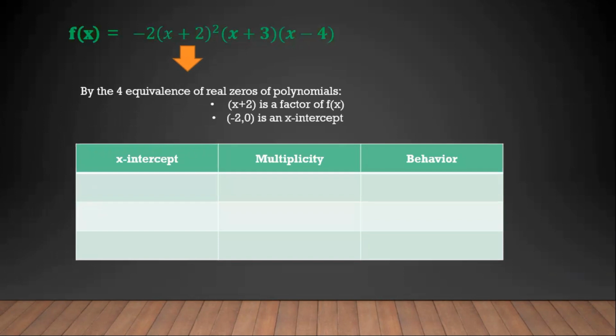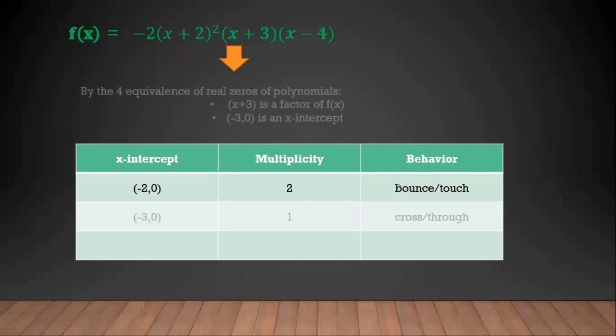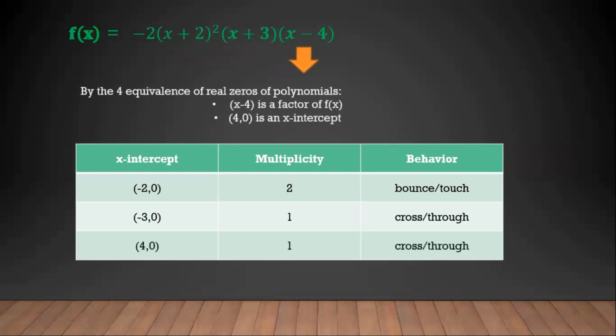Going to collect my thoughts on the table here. So the first intercept from this list, -2, 0, has multiplicity 2. So the behavior at that x-intercept is a bounce or a touch. The graph is not going to go through that x-intercept, just going to touch it. The x plus 3 factor gives an x-intercept of -3, 0 with multiplicity 1.